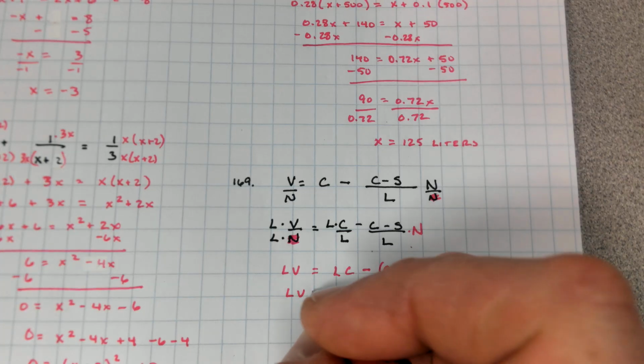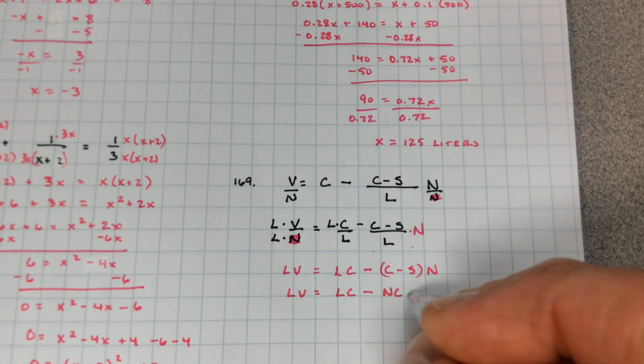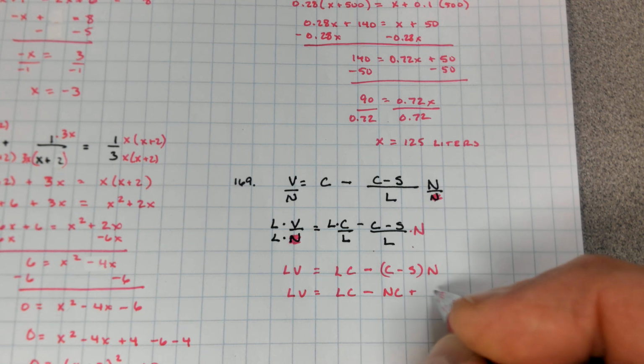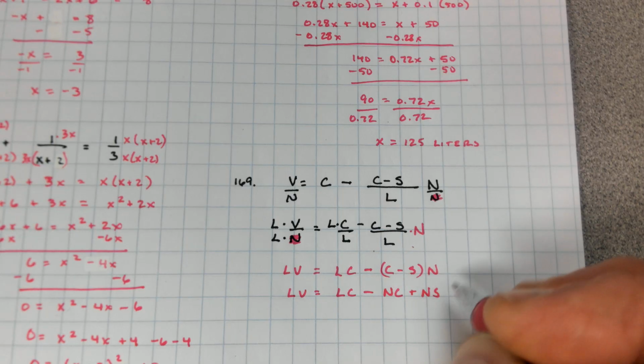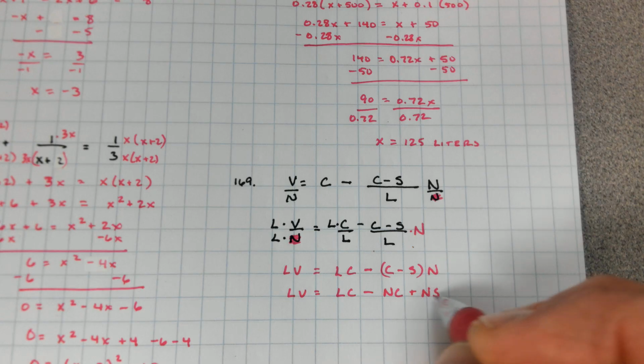So I'll get LV equals LC minus NC plus NS. Right? Negative times a negative S is going to give me a positive S times the N.